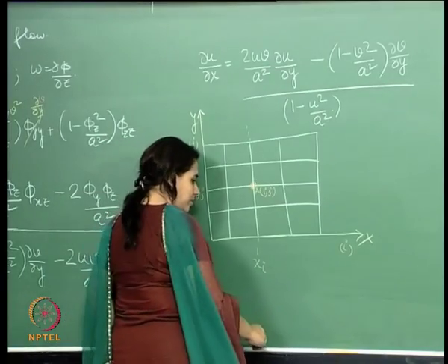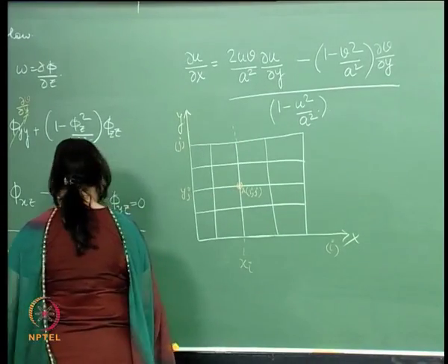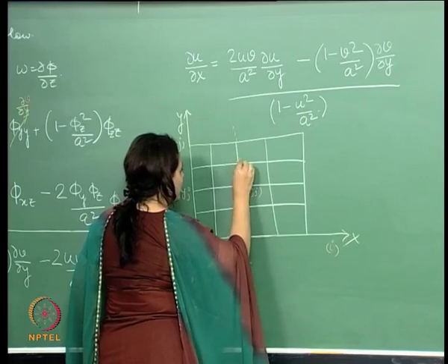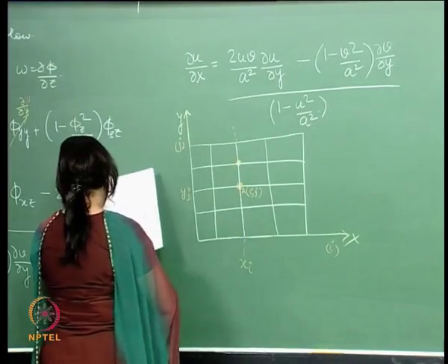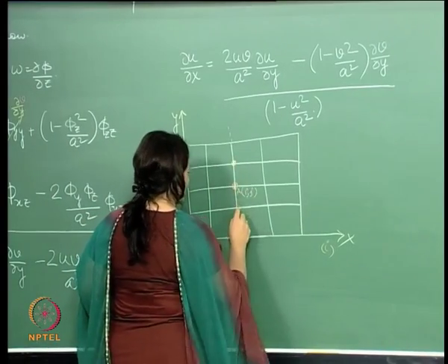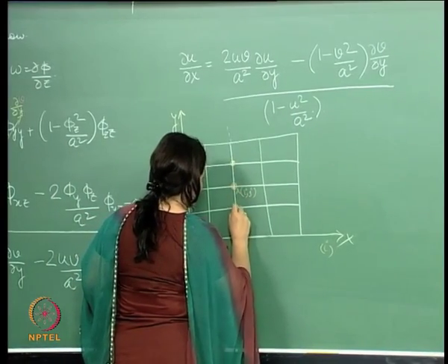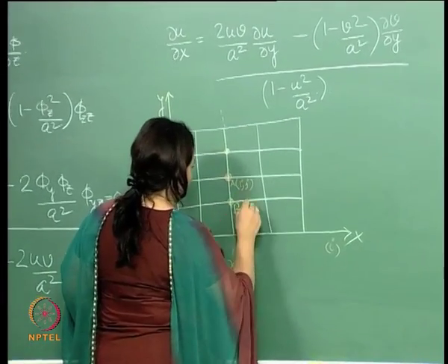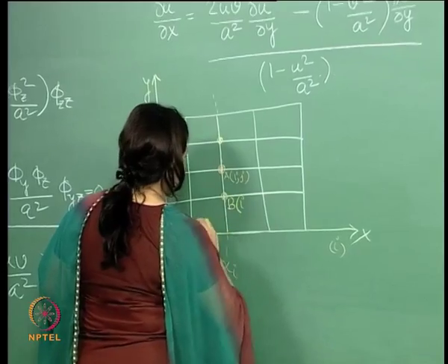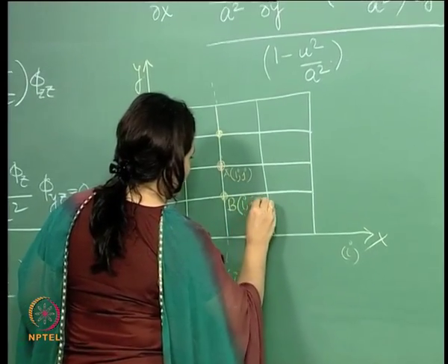Then we will look at these 2 points. We will call this B, and this is at the same I, but j minus 1.